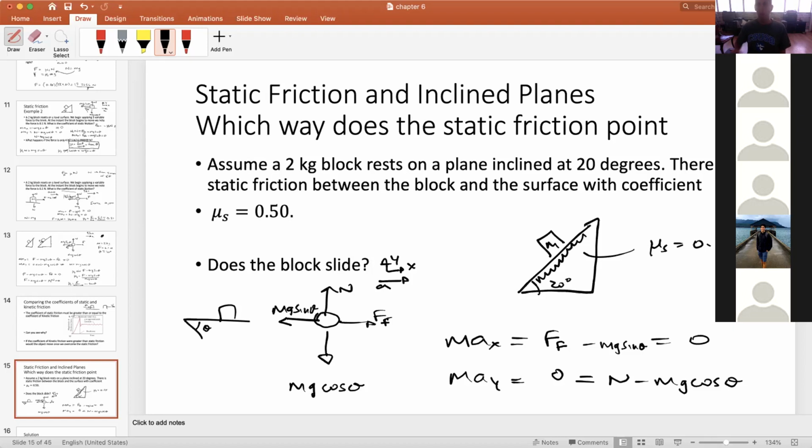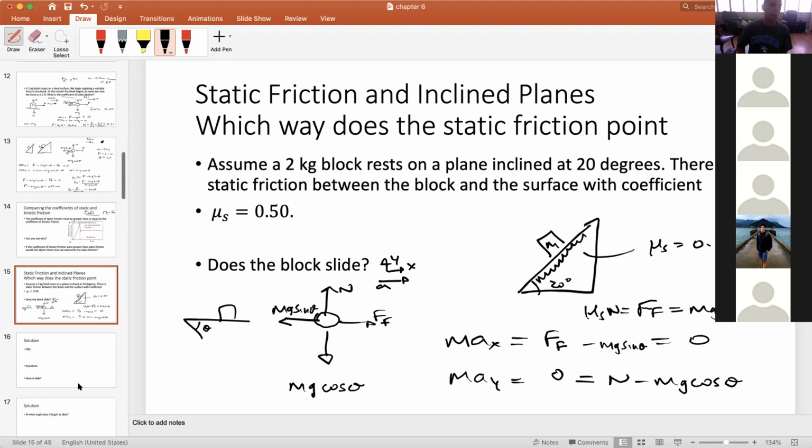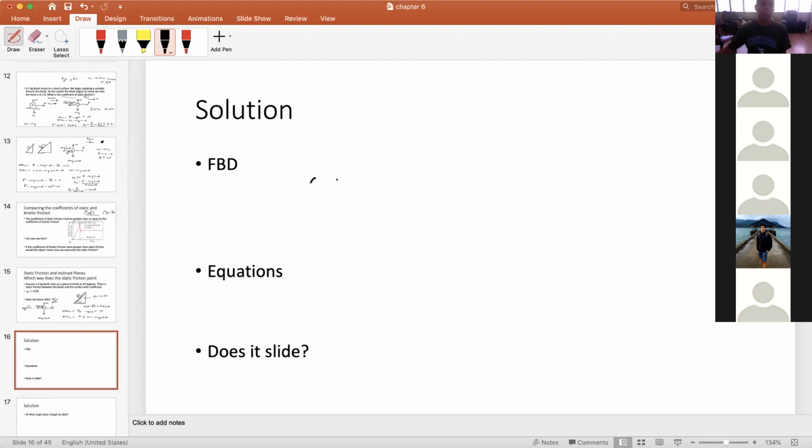But for now, it's pretty simple to see that the force of friction must equal mg sine theta. And we know the magnitude of the force of friction is mu s N. So, free body diagram, and mg cos theta, we're on an incline.